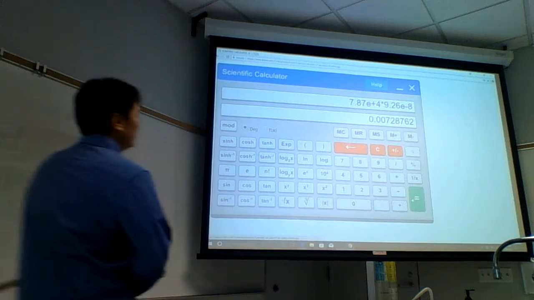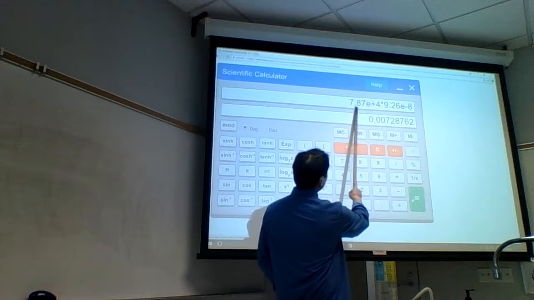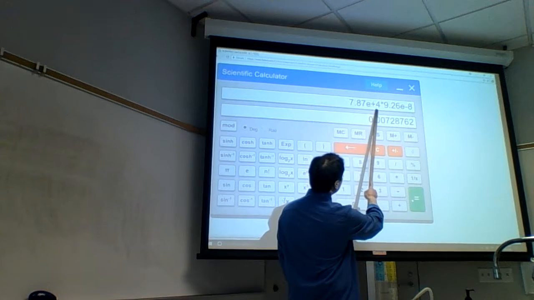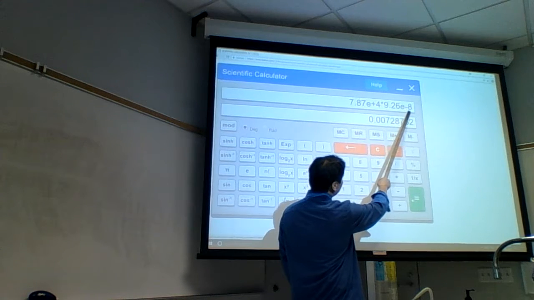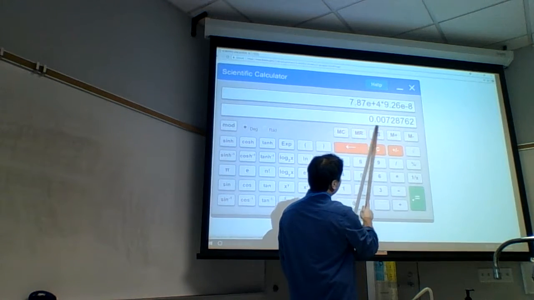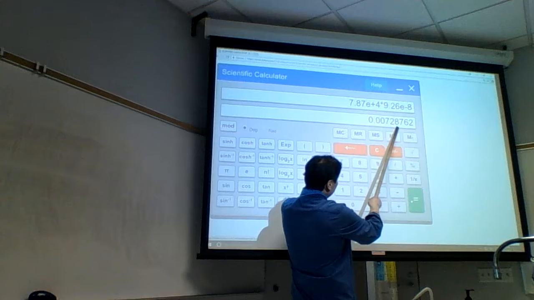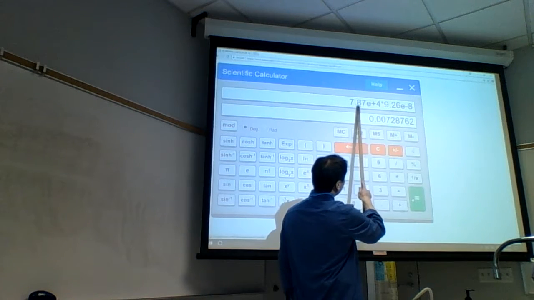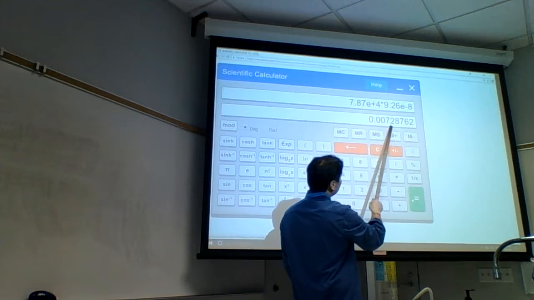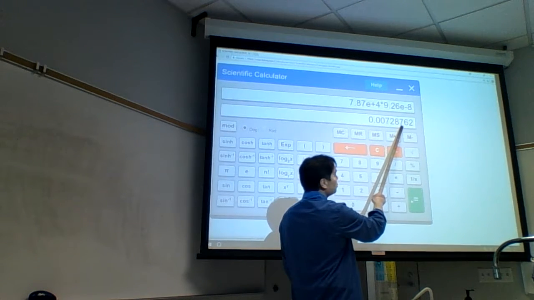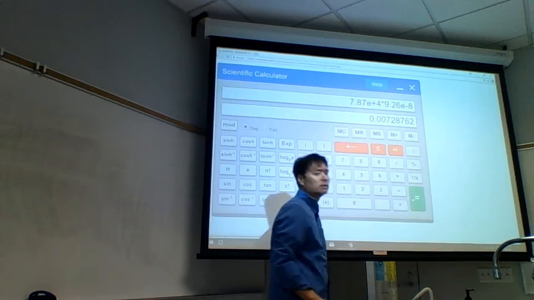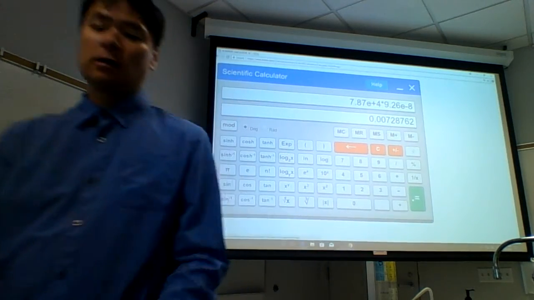We've got 3 sig figs in this number: 7.87 times 10 to the positive 4 times 9.26 times 10 to the negative 8. That gives us 0.0728762. We're allowed 3 sig figs, so we're going to have to drop the 7. If we drop the 7, I want you to show me that 7 that we're dropping, so I see which digit you're dropping.